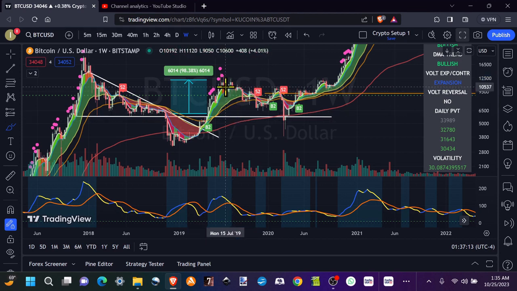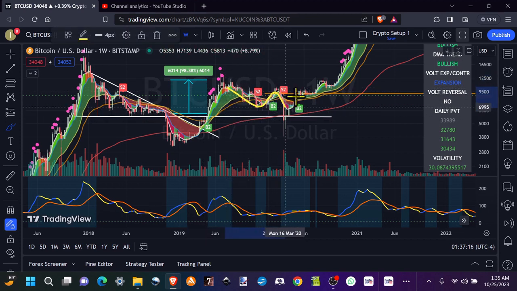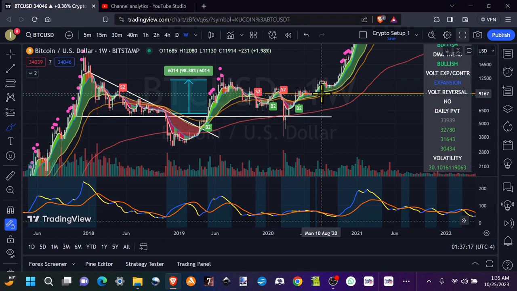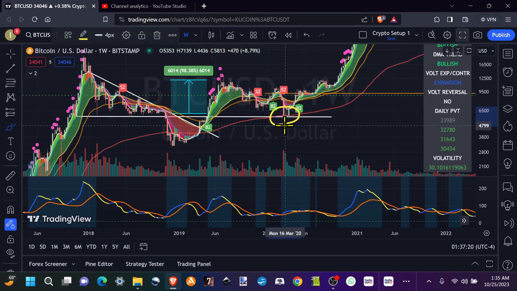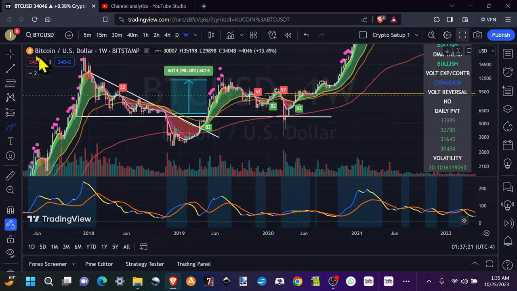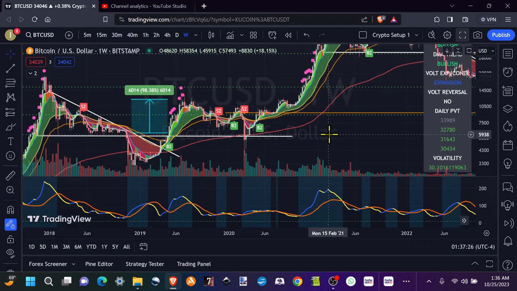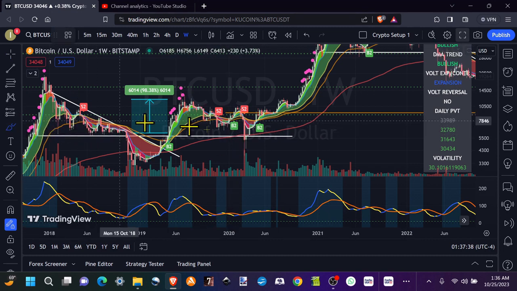Now again, we came right back down and we went sideways, and we did retest this line again. That's because, as you know, 2019, 2020 was very atypical for the markets, because we had a black swan event, and that black swan event was C19.